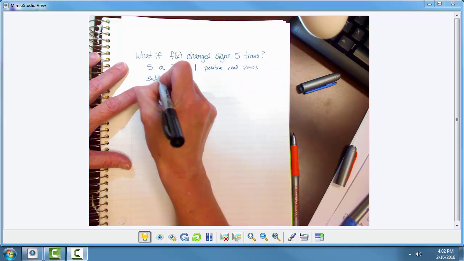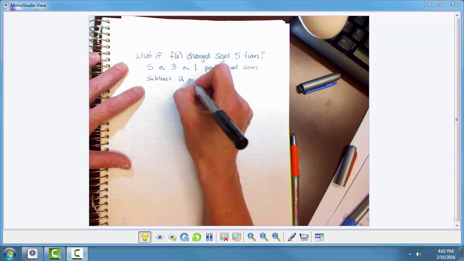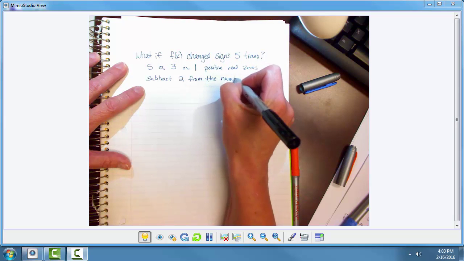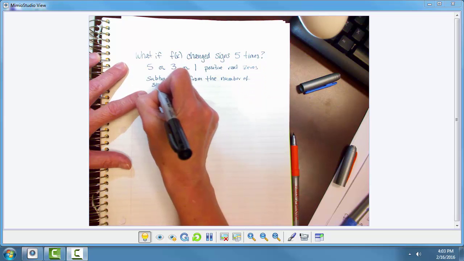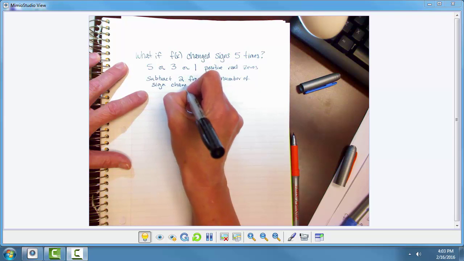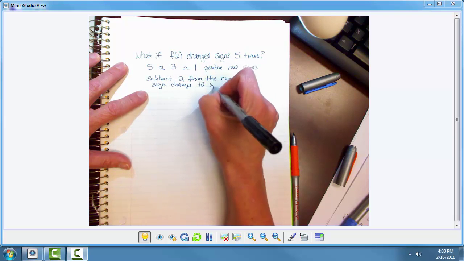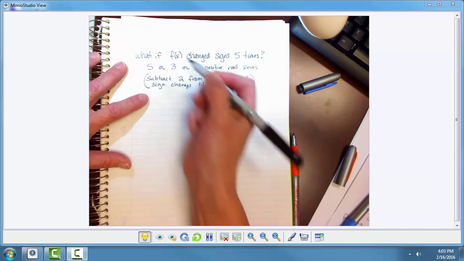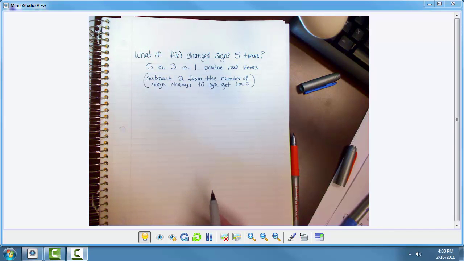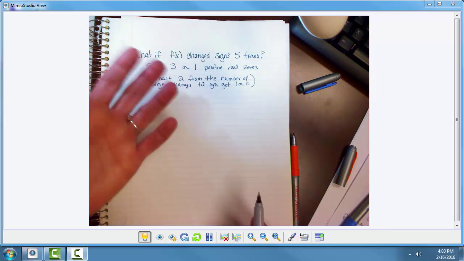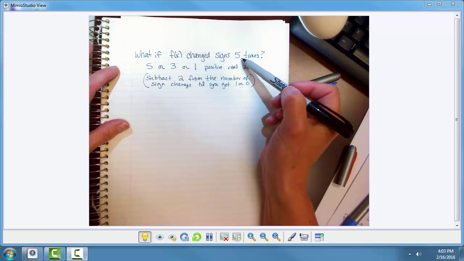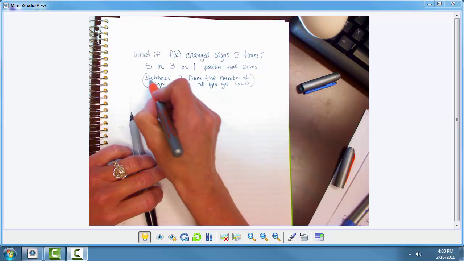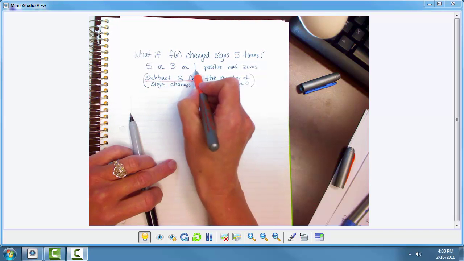Subtract 2 from the number of sign changes till you get 1 or 0. So on the previous page, we were subtracting 2 from an even number, so it went 4, 2, 0. But if your number of sign changes is odd, you still subtract 2, but you won't go down to 0. You'll go down to 1.